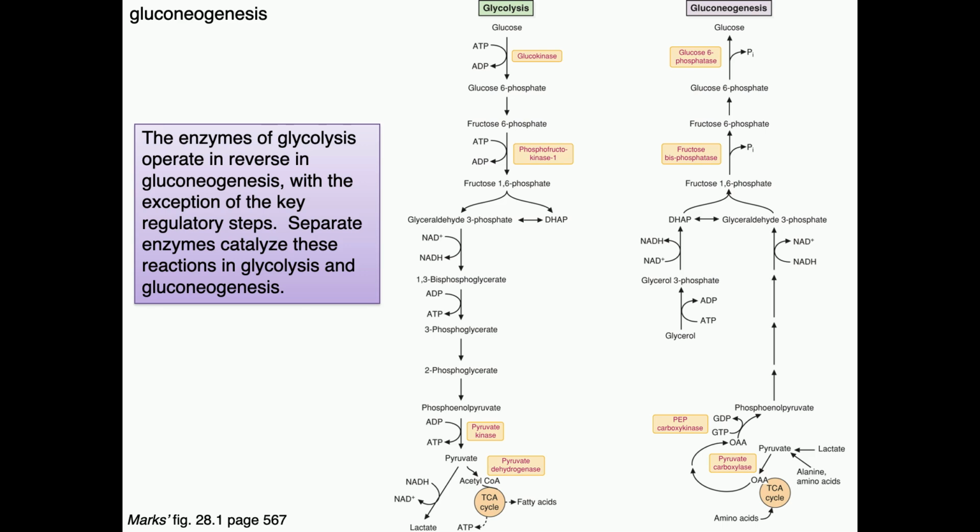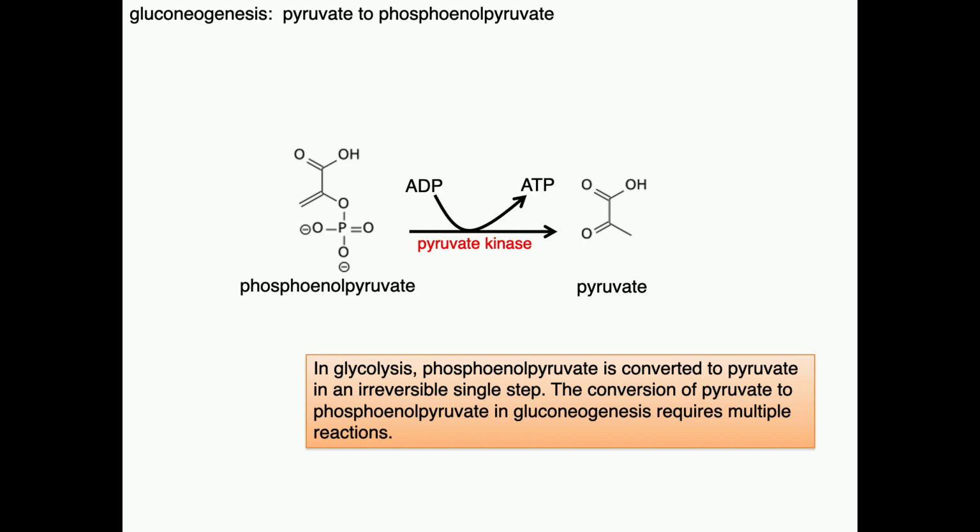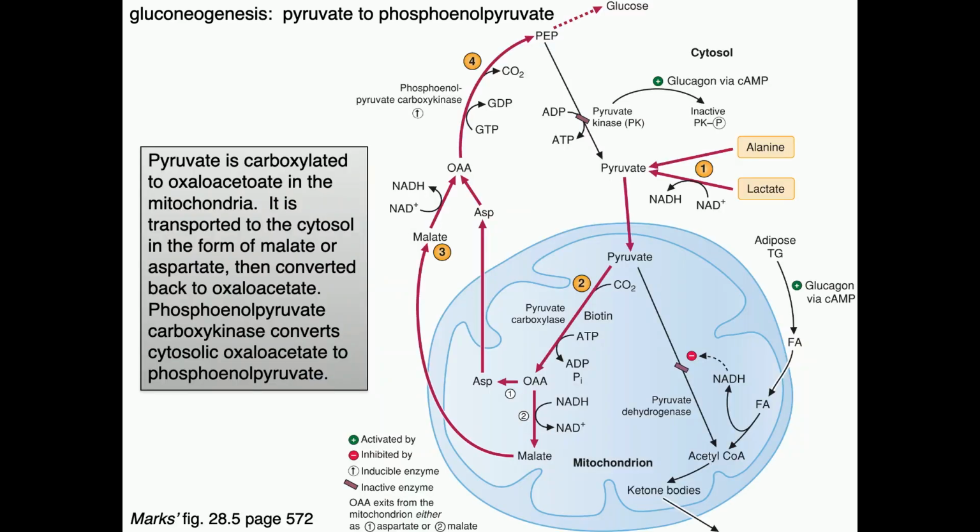The reverse reaction is a single step in glycolysis, but in gluconeogenesis, it's a multi-step process. In gluconeogenesis, we can get pyruvate both from the transamination of alanine and from the oxidation of lactate. So both ways, two gluconeogenic substrates can enter into gluconeogenesis as pyruvate.